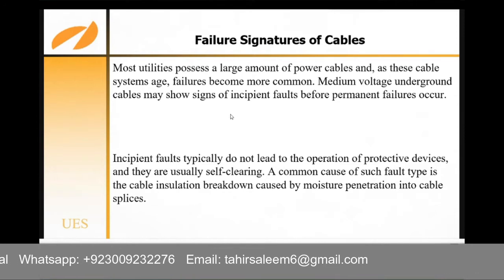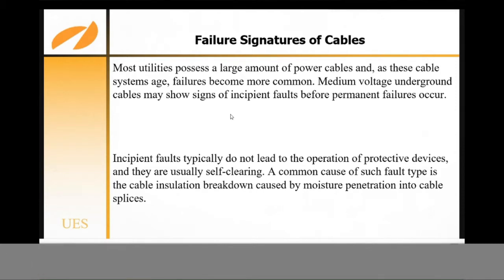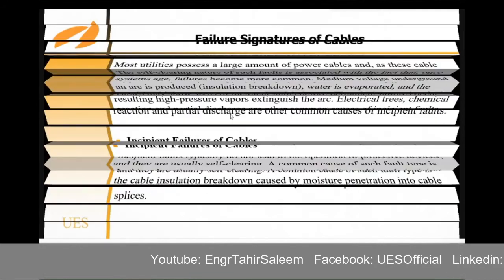Incipient faults are self-clearing faults, and before an equipment gets a permanent fault or complete damage, it will give you the sign of incipient faults. These faults also do not last long enough for the protective device installed before that equipment to trip.